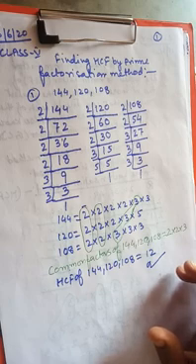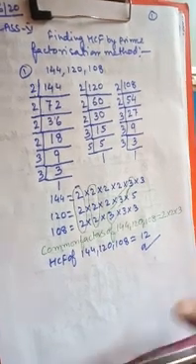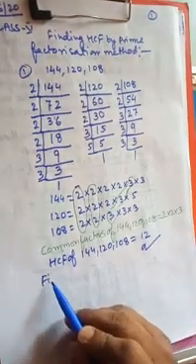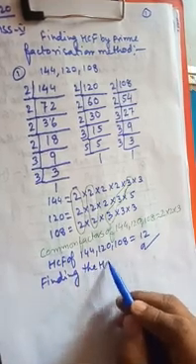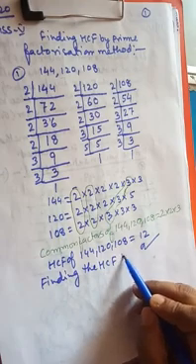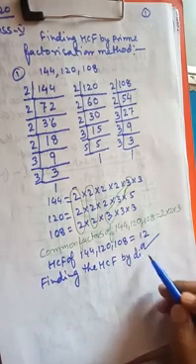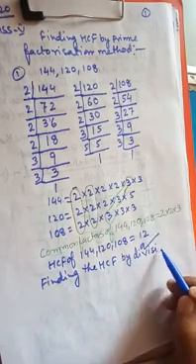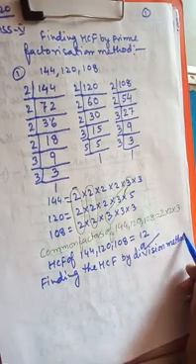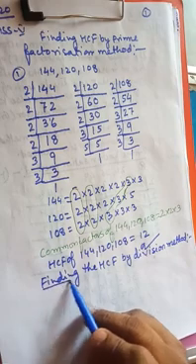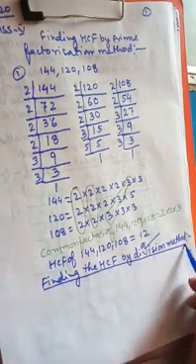Now we will do the division method to find the HCF. Now see here, finding the HCF by division method. This is the second method that we have to study in our syllabus.